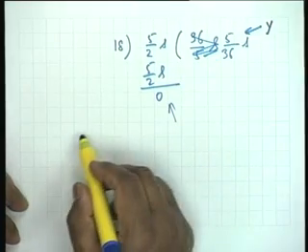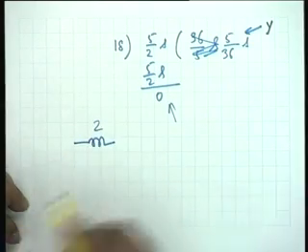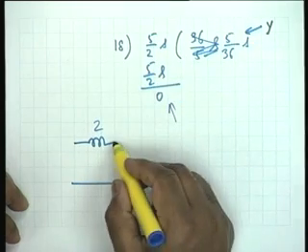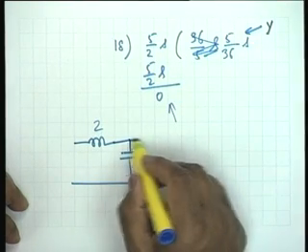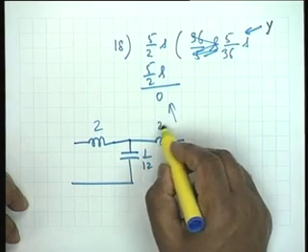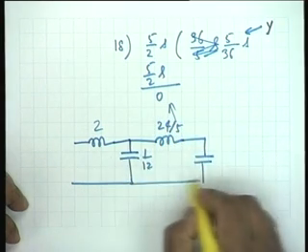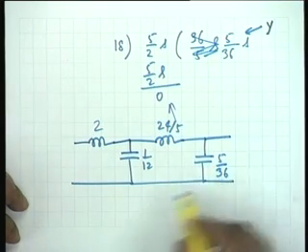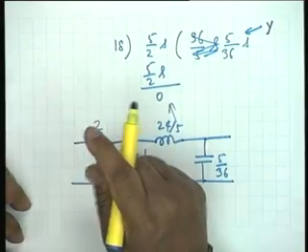So our network becomes this. I have a 2 Henry inductor because we started with an impedance, then a 1/12 capacitor, then 24 by 5, and finally 5 by 36. The rest is 0 admittance, which means infinite impedance, that means open circuit.